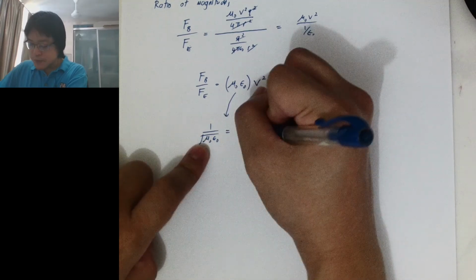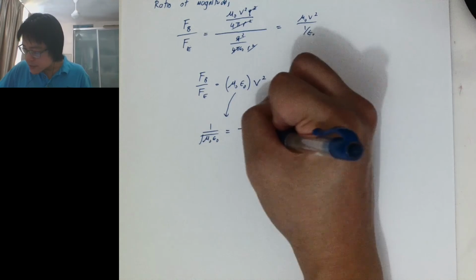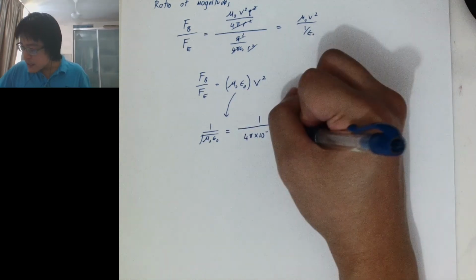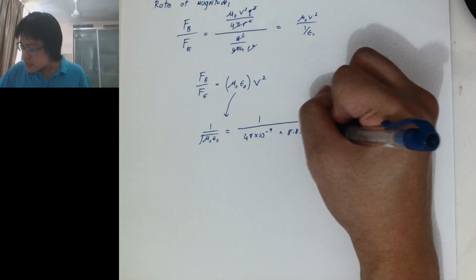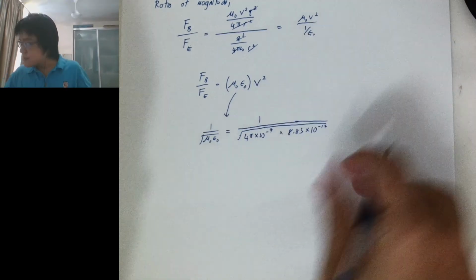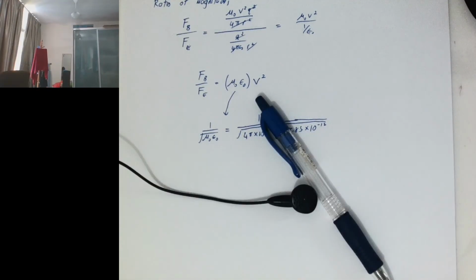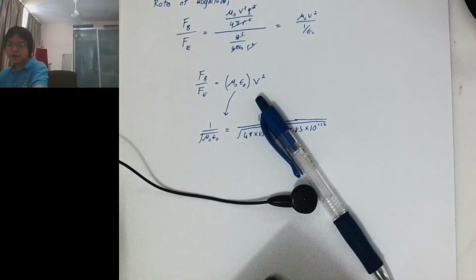Okay, so what was mu? Mu was 4 pi times 10 to the minus 7, and then the epsilon is 8.85 times 10 to the minus 12, and then you take the square root. Right? So let's bring a calculator and see what happens.